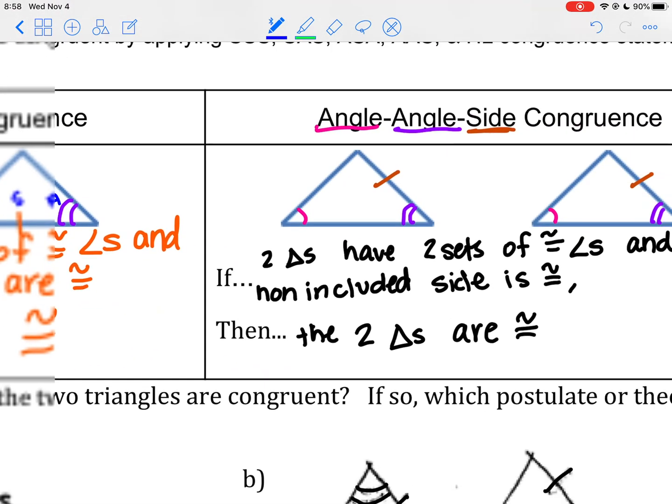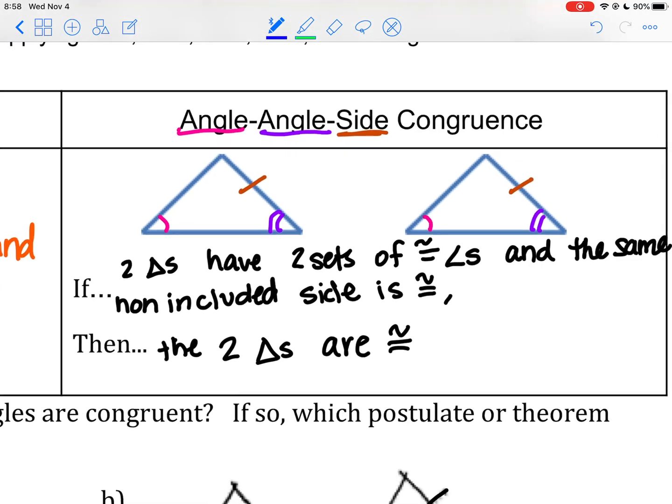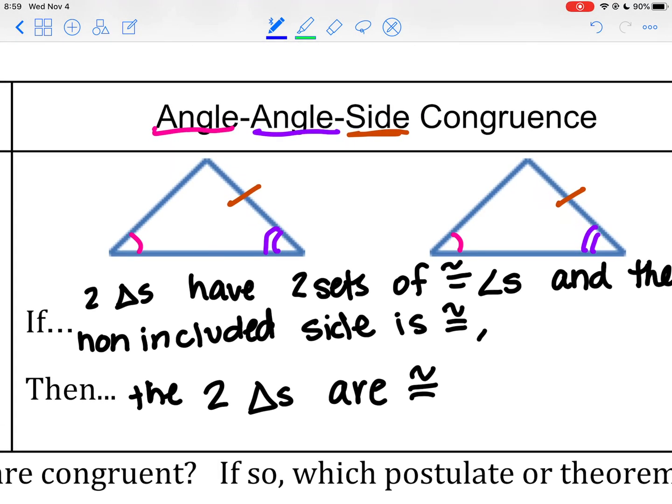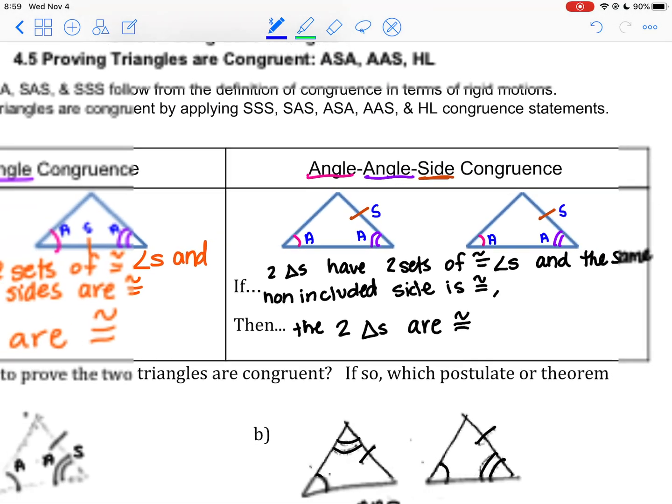The next one is angle, angle, side. So here we have two angles that are congruent in both triangles, and a non-included side. So the side is outside of those two angles, not the one in between them, and that would be angle, angle, side. And if you have those two sets of congruent angles and the non-included side is congruent, then that would follow angle, angle, side congruence, and the triangles are congruent.